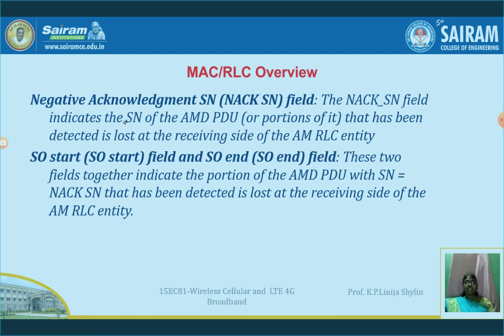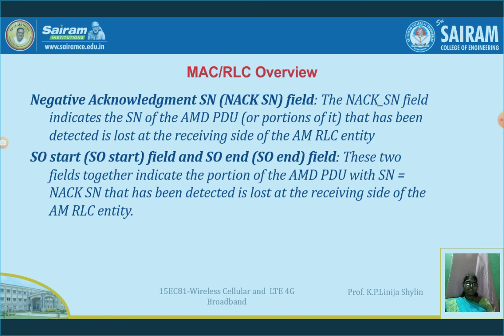Here it is the negative acknowledgement field. What do we mean by it? At the receiving side, there is a need to give a status report on whether the PDU reached the receiver successfully or was detected as lost.